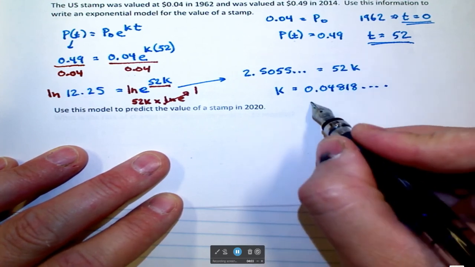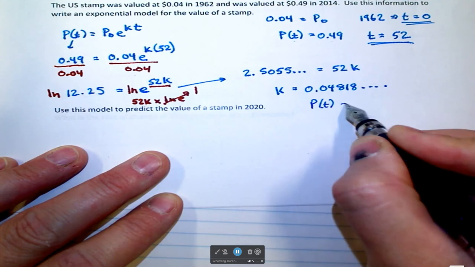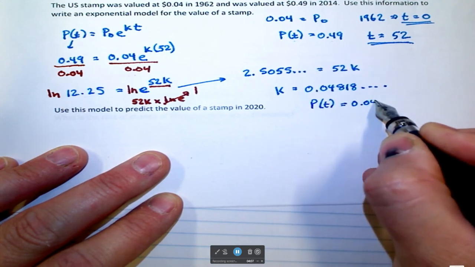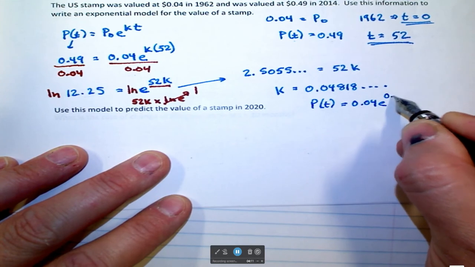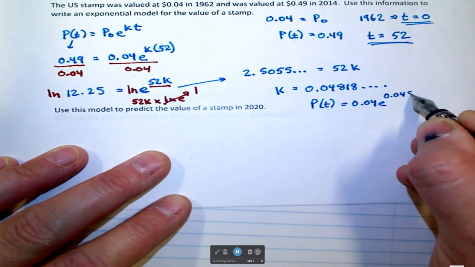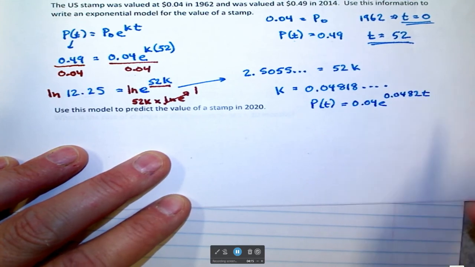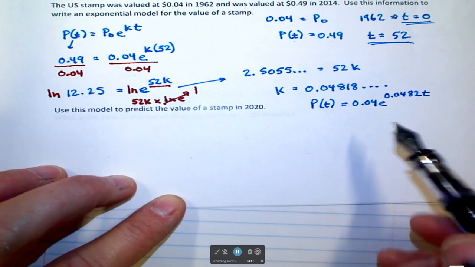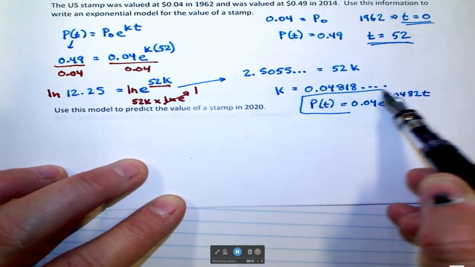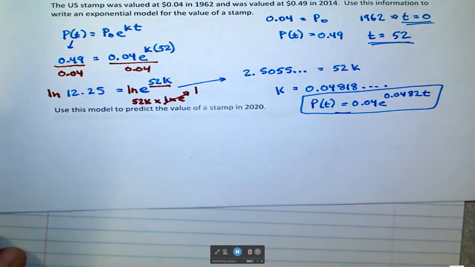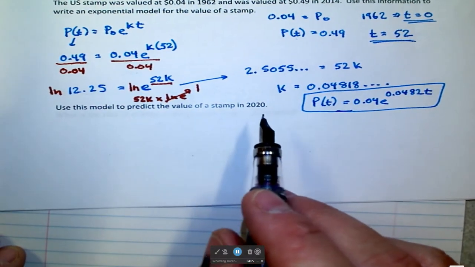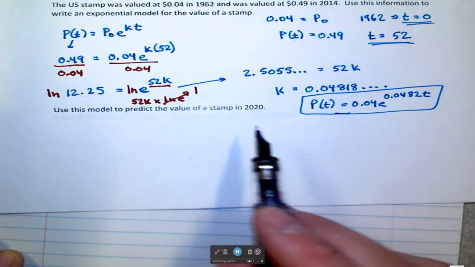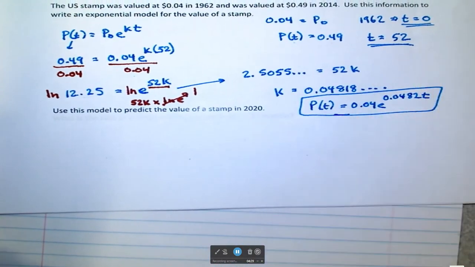So here's my model. My model is P of T equals 0.04 e to the 0.0482 t. Okay, so that is the answer to this question. There is my exponential model. And then they want me to use this model to predict the value of a stamp in 2020. Okay, so 1962 was T0.